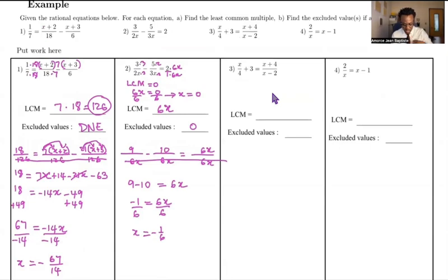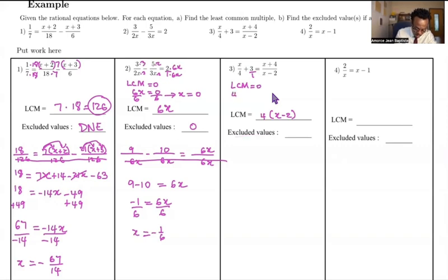Now let's go with the next one. This is denominator 1. So basically we will multiply all the denominators to get the LCD. So that's 4 times x minus 2. And then solve LCD equals 0 to find excluded values.